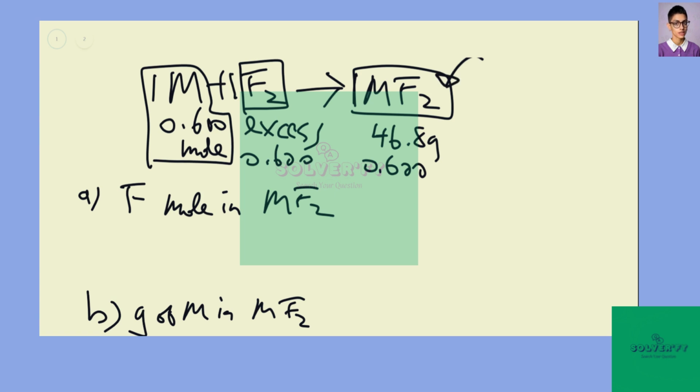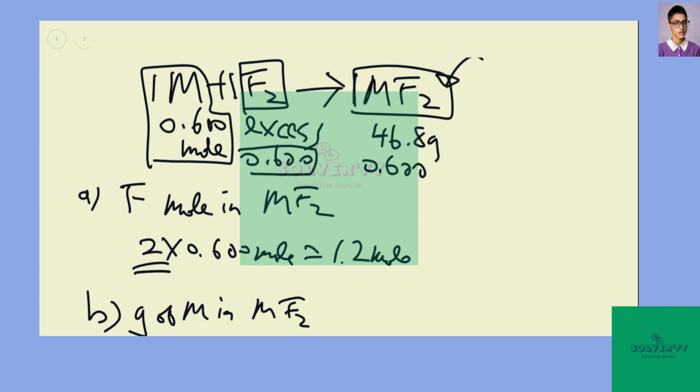So the actual fluorine number of moles in the compound will be 2 times 0.6 mole, equals 1.2 mole. The reason that I multiplied by 2 is that from here we have 0.6 of F2, and we want to find out the individual F, not F2. So that's why I multiplied by 2.